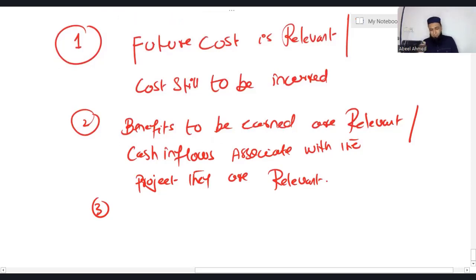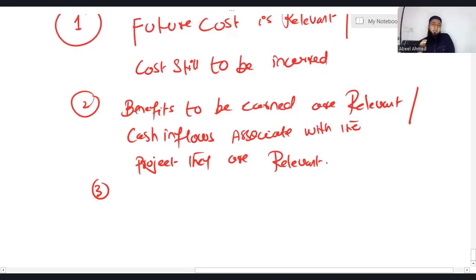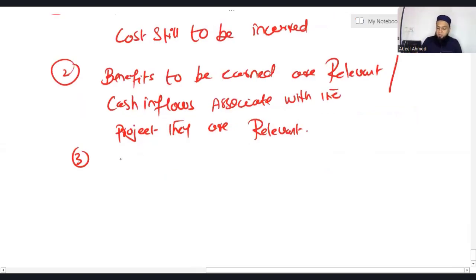Now a very important concept comes. Either it is a cash outflow or a cash inflow, it must be caused by the project. It could be inflow, it could be outflow, but it has to be because of the project. If it is because of the project, then it is relevant. So the third important concept, the rule, is caused by the project.